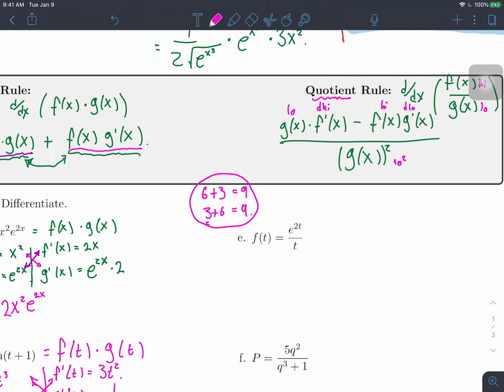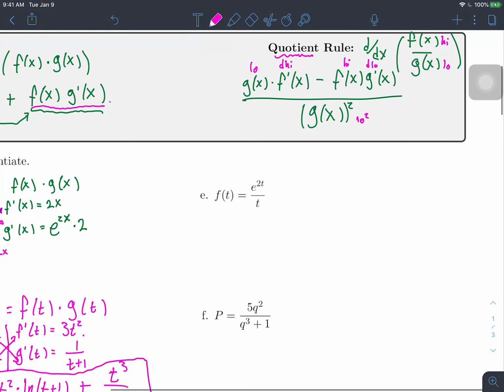However, if we switch up the order of subtraction, we might get messed up. For example, 6 minus 3 gives 3, but 3 minus 6 gives negative 3. Okay? So order matters for the quotient rule. We have to do g times f prime first.